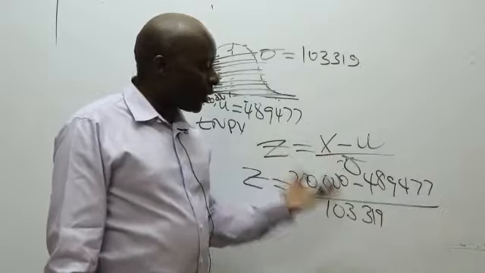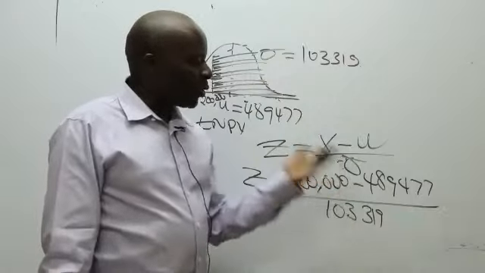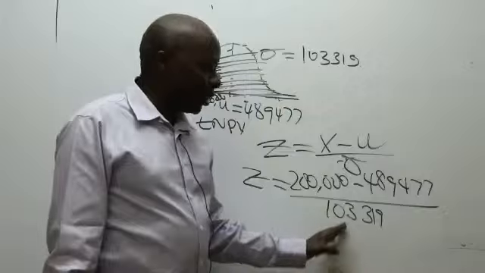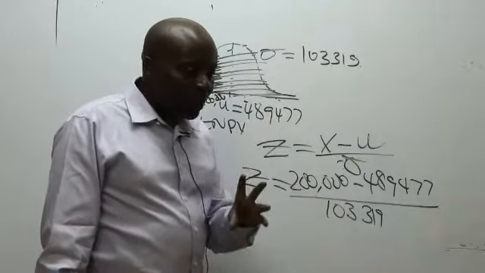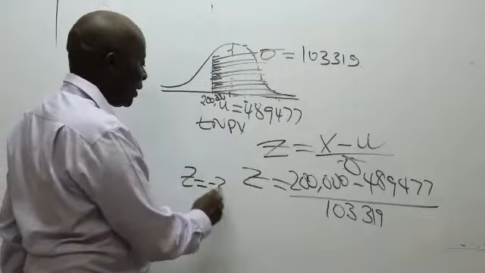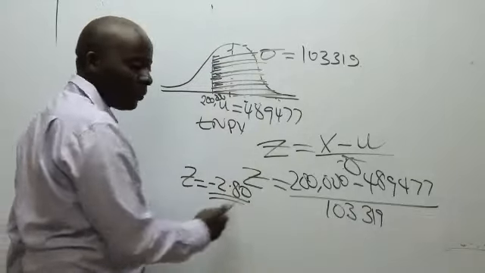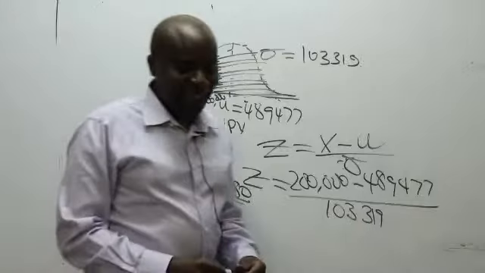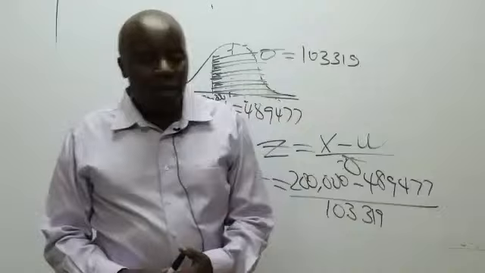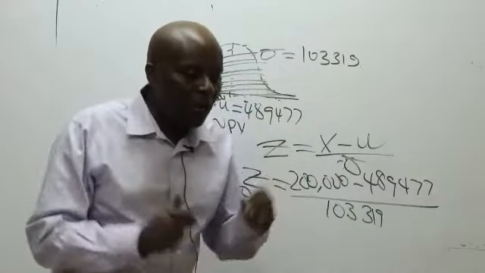You say 200,000 minus 489, 477 equals whatever you get there, you divide now by 103, 319. All of us, I hope you're able to get a Z of negative 2.80. Is that okay? Now, from there, ladies and gentlemen, I expect you to now pick your normal table.